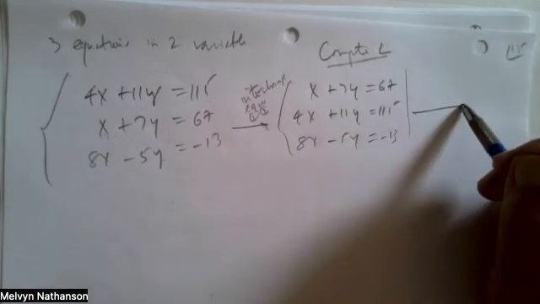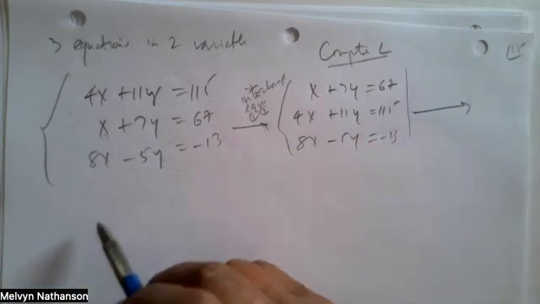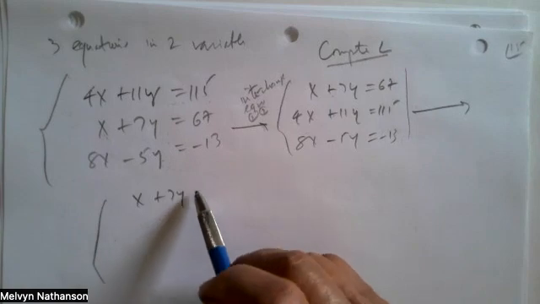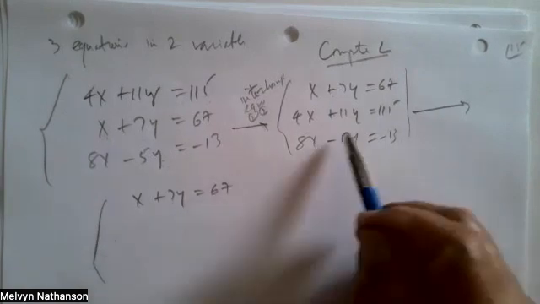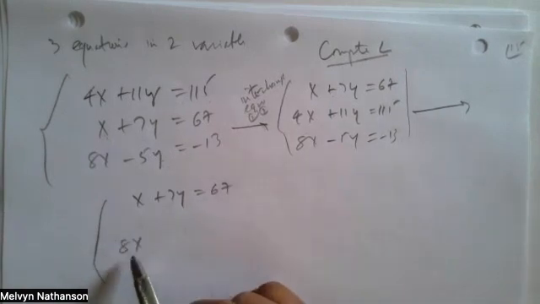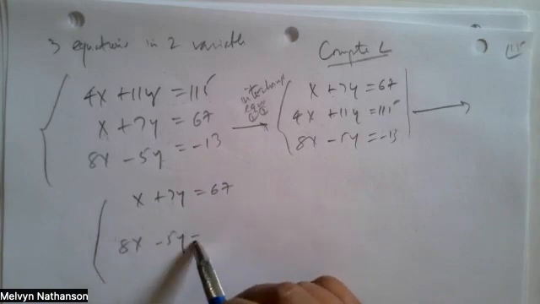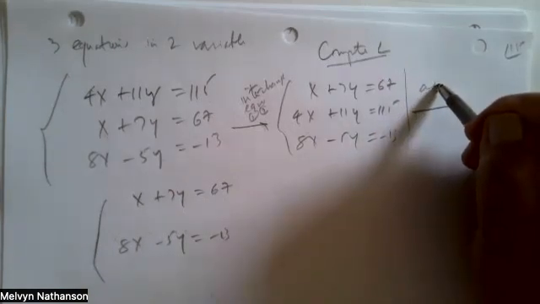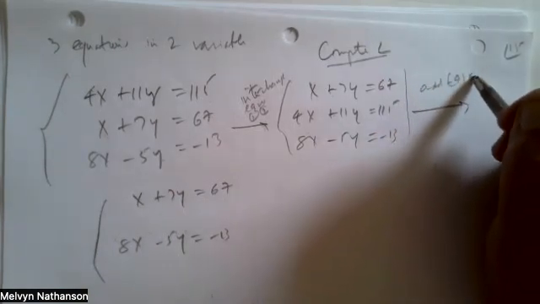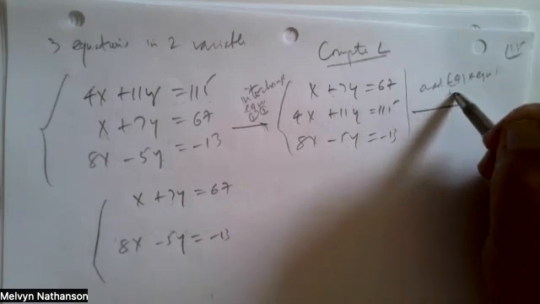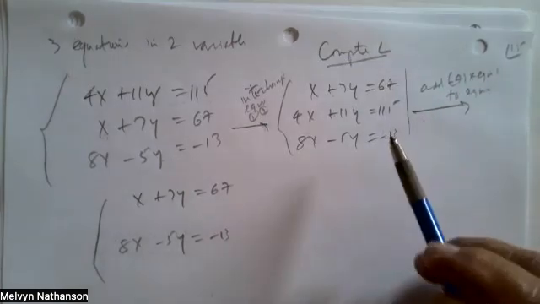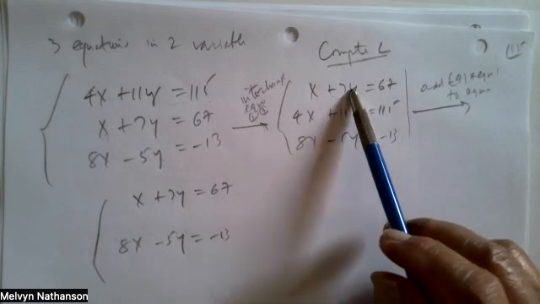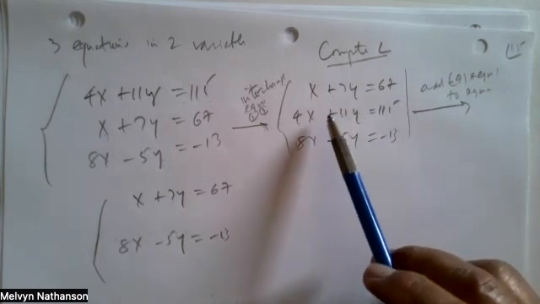Okay. Now what I'm going to do is I'm not going to touch the first equation. I'm not going to touch the third equation. But I'm going to add minus 4 times equation 1 to equation 2, which is the same thing as saying I'm subtracting 4 times the first equation from the second.